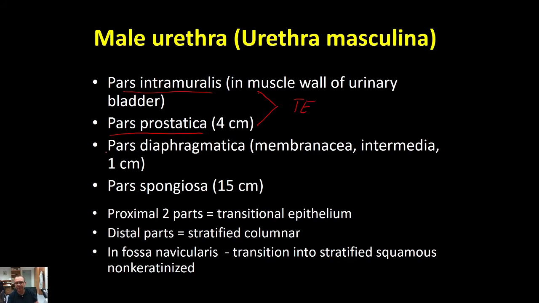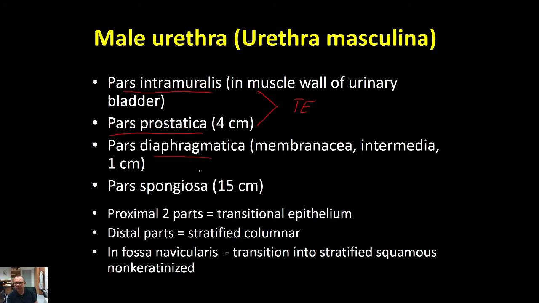Then is pars diaphragmatica, or also membranacea, which is quite short. It is the place where the urethra is going through the external sphincter, and the longest is pars spongiosa in the penis.